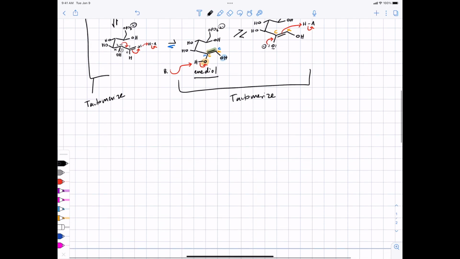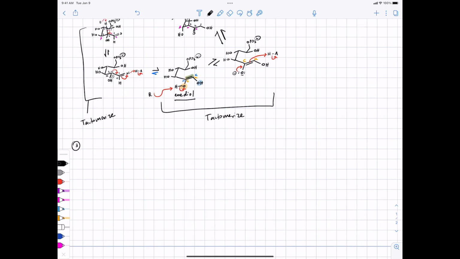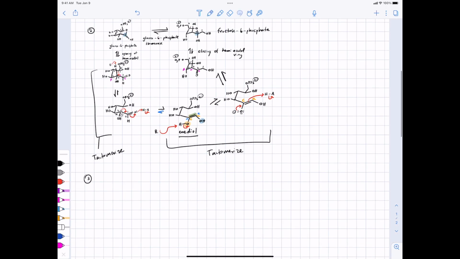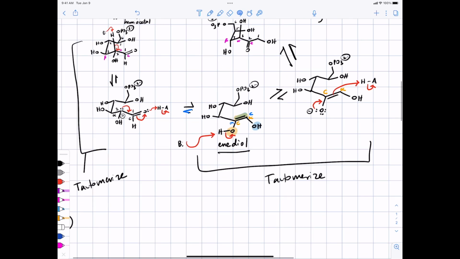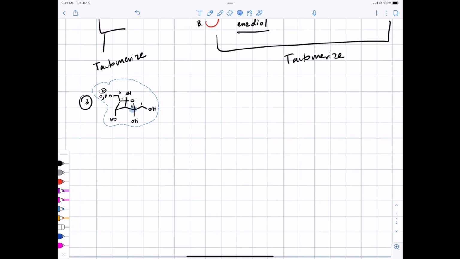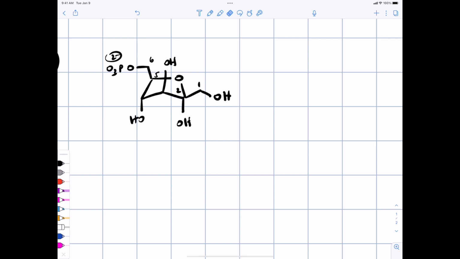That may not seem like an obvious step at this point, but you will see later how doing this makes it so when we do the retroaldol reaction, we actually get two almost identical pieces that are relatively easy to interchange. So, fructose 6-phosphate.